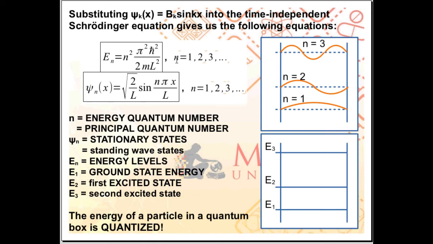The lowest energy level, n is equal to 1, E1, is referred to as the ground state energy of the particle. E2 is the first excited state. E3 is the second excited state. E4 is the third excited state, and so on.